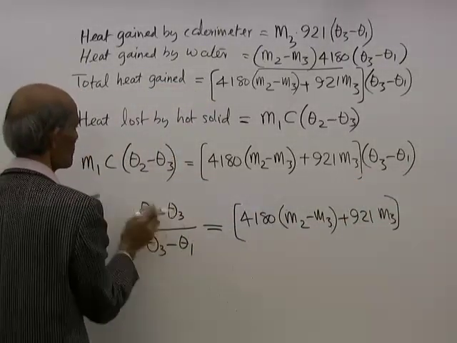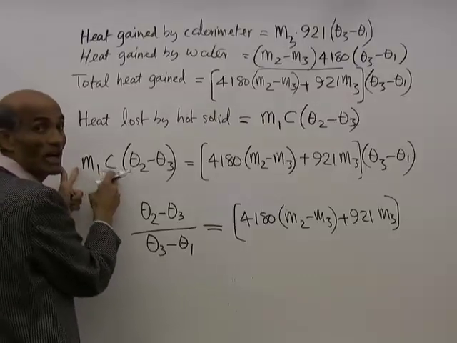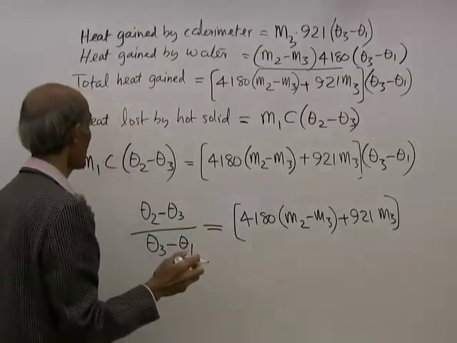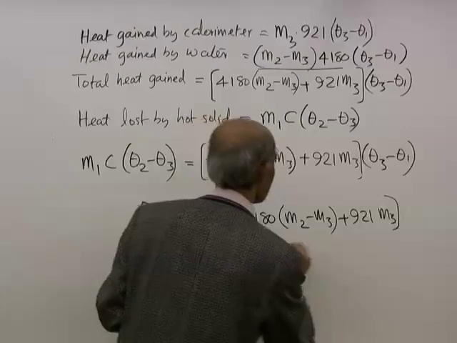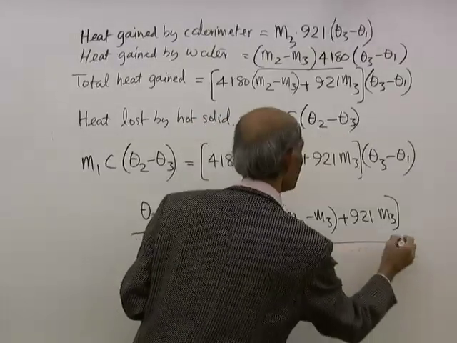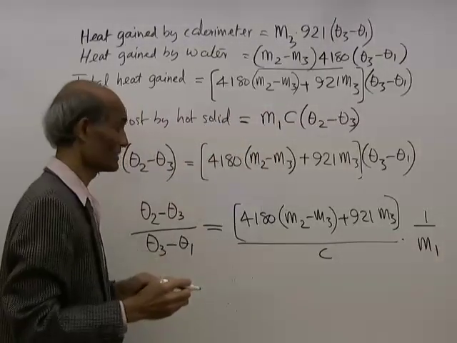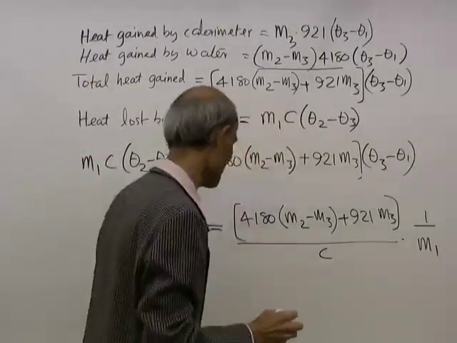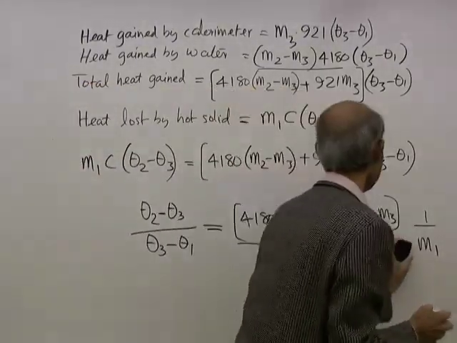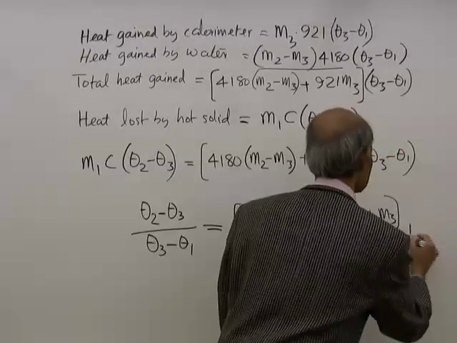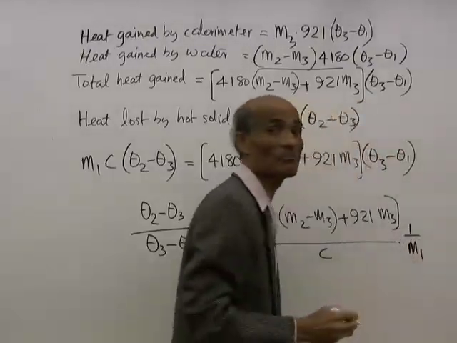So this quantity M1C will come on the denominator. So this will be over C times 1 over M1. Did you understand that? Well, it will be times 1 over M1.